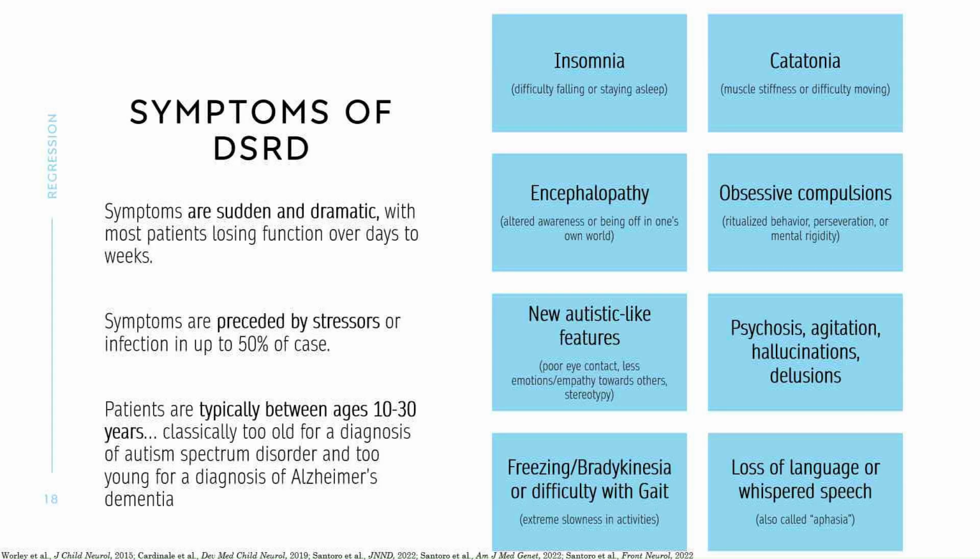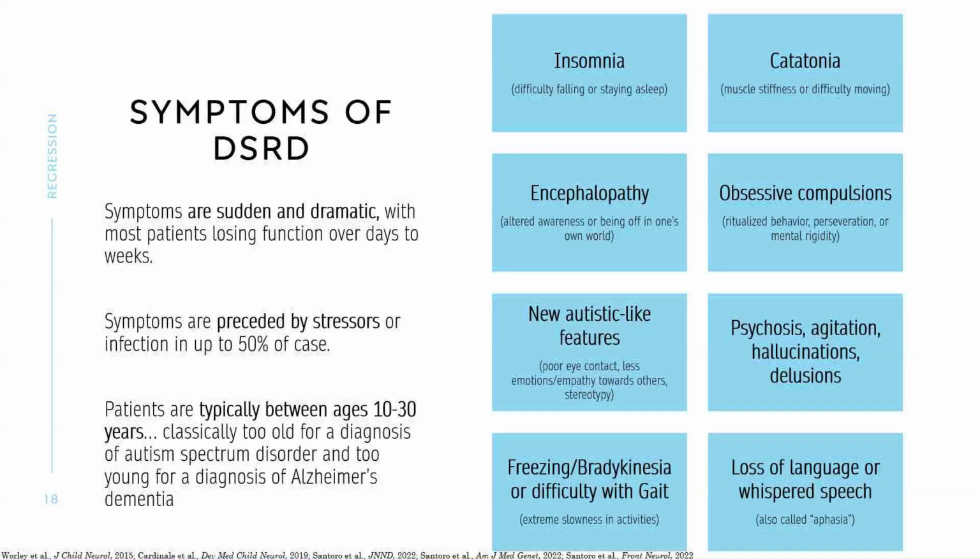The clinical features can include things like insomnia, a complete dysregulation of the circadian rhythm. Patients just essentially stay up all night, rocking in their bed, refusing to engage with the outside world or try to go to sleep. Catatonia, and I'll show some videos of this, but it's essentially just this significant stiffness and inability to initiate movements.